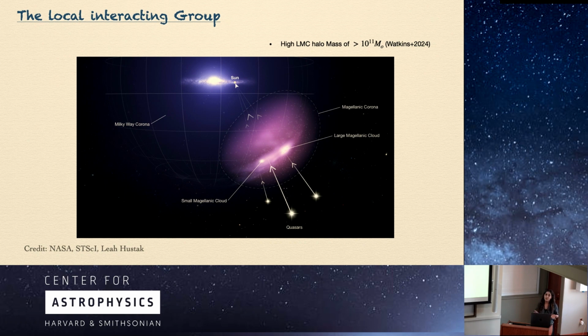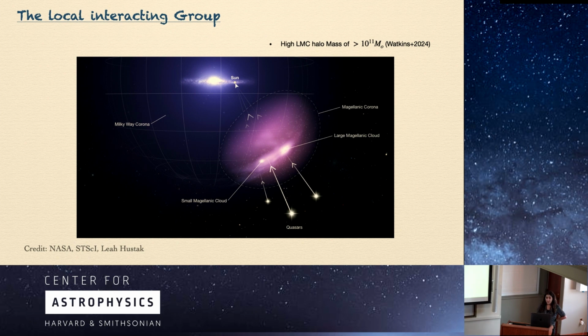So the important question here is to ask, does the LMC have its own CGM? This will be really important because the CGM of the LMC will act as a protecting shield for the gas during the LMC's infall, orbiting around the Milky Way, and hence it will influence the gas regulation of not only the LMC but also the Milky Way.